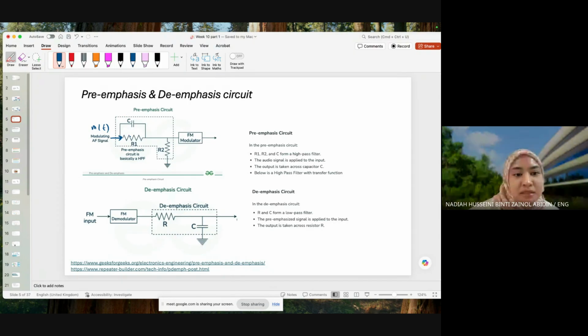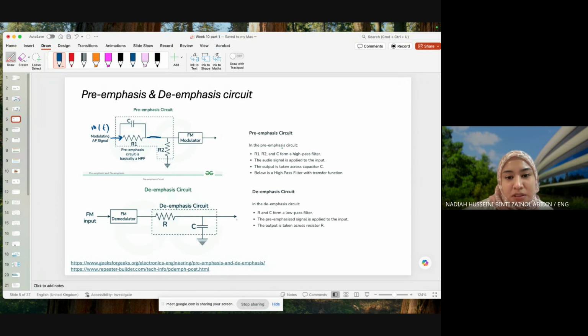So my modulating signal goes through this parallel circuit of capacitor and resistor, and then passes through a resistor over here. So the pre-emphasis circuit is basically an HPF. HPF is high pass filter. High pass filter means that it's favoring the high range frequencies.